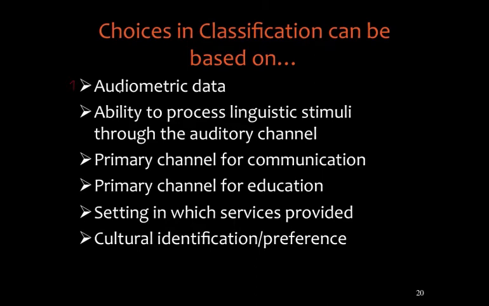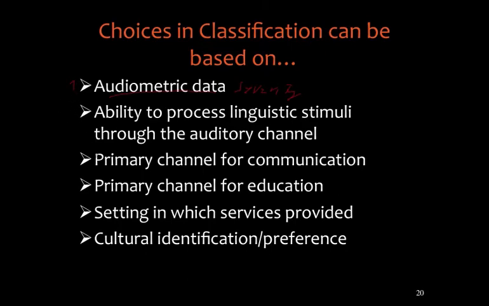So one of the more classic ways is to describe people based on their audiometric data, so based on their audiologic test findings. That might be based on what you learned in COMD 445, which is you're talking about severity of hearing loss. Other ways to think about classifications of people are going to be based on very special needs.